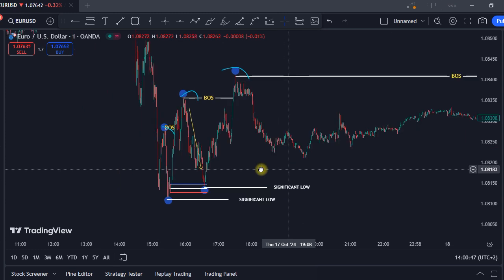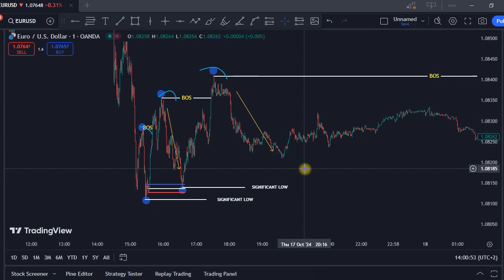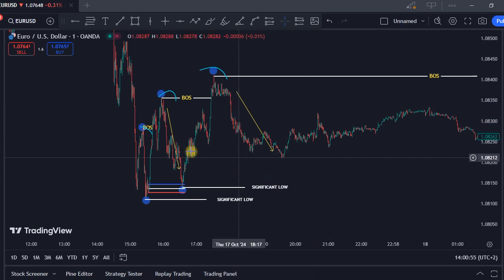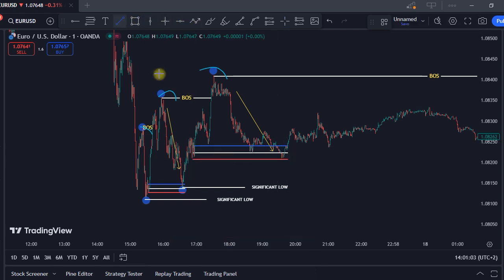The market pushed to the downside, it took out the internal liquidity, it gave us a reversal, and then it reacted on this area over here. The market reacted on this area over here after taking out this liquidity that we can see over here. So there's some other kind of liquidity that we haven't talked about.